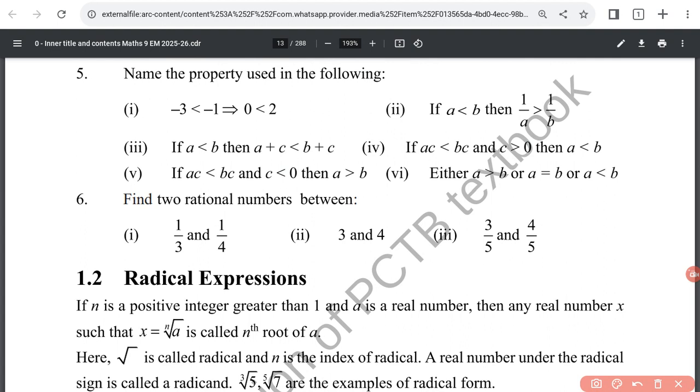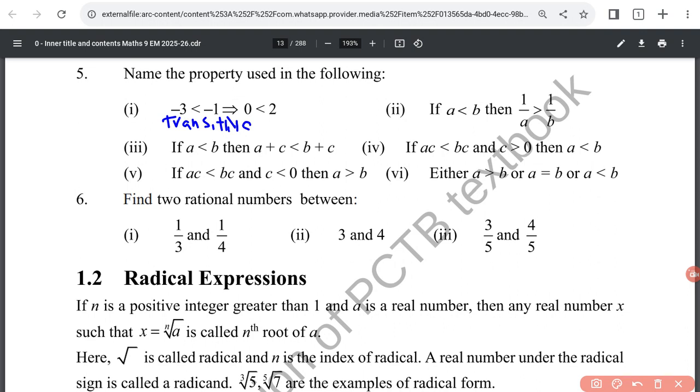So it is the transitive property of inequality.